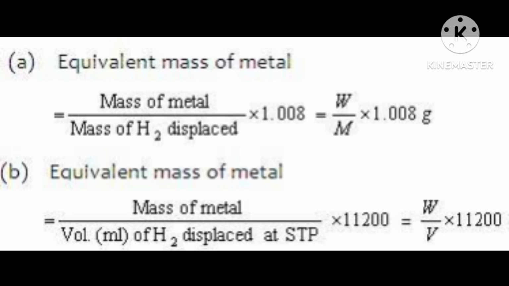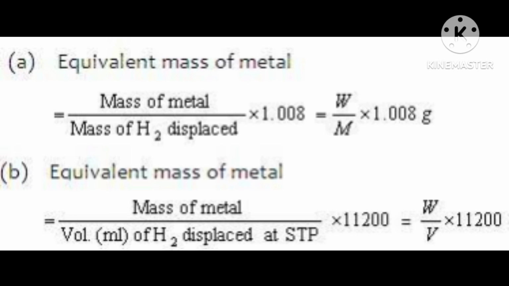Means you will get 2 products, AD plus BC. One will be a precipitate, okay, and the other may be soluble. But out of the 2 products, one will be a precipitate, the other may be a soluble solution.